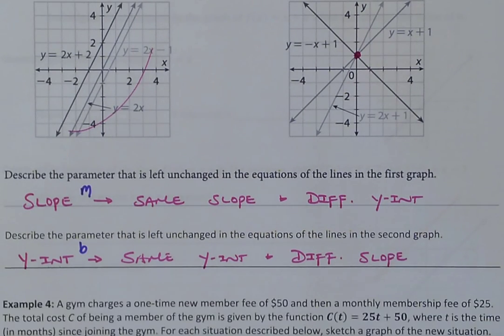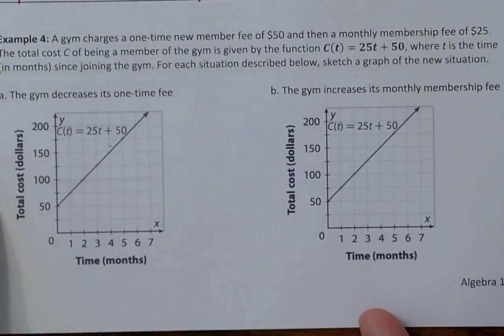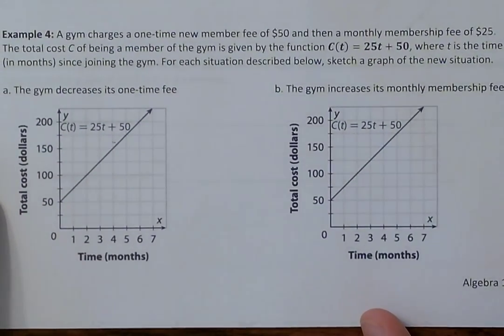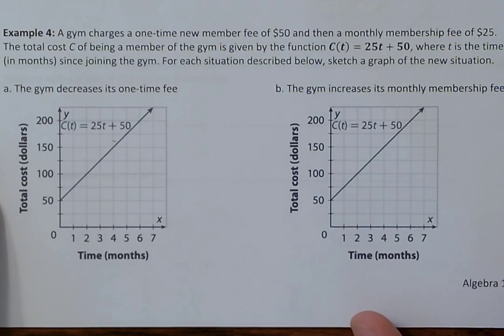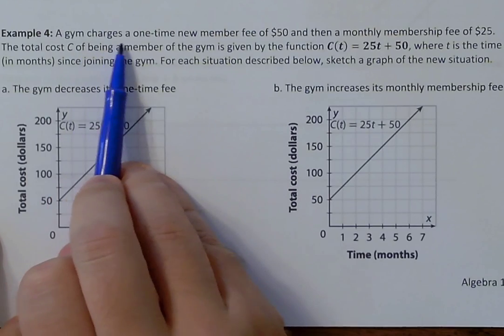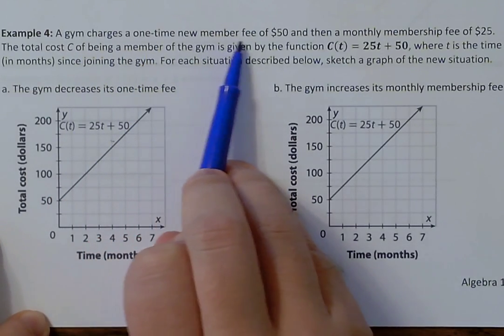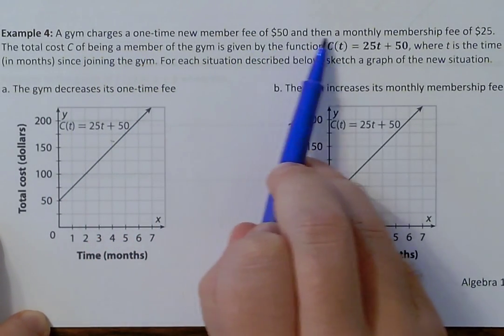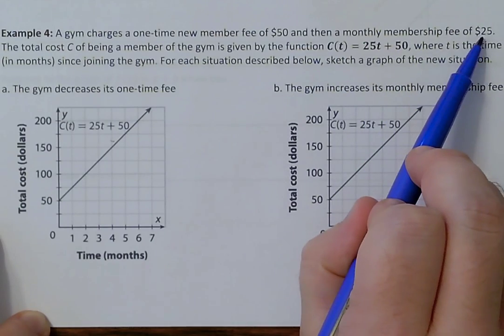Okay, last one, example 4. In example 4, it states the following. A gym charges a one-time new member fee of $50 and then a monthly membership fee of $25.